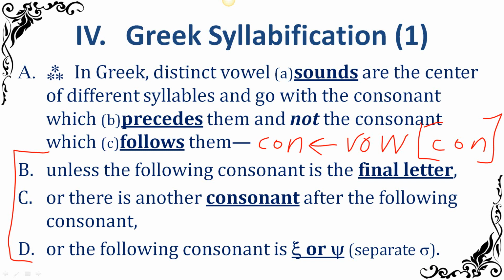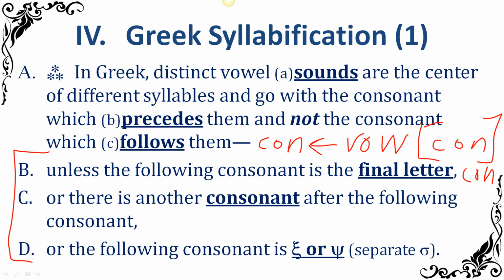All right, another exception is when there is another consonant following that consonant. So if you have the following consonant, then another one that comes after it, it will pick up the first one, but not the one that comes after it. Well, it's not necessarily silent, it just goes with the next syllable. So if you have two consonants together, the first consonant will go with the first syllable.